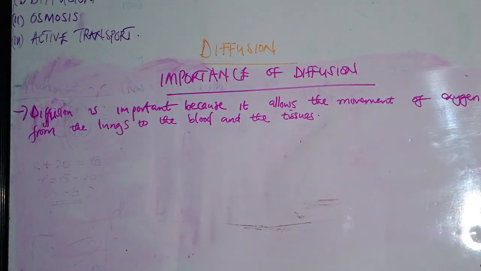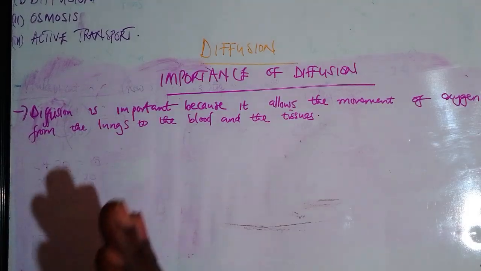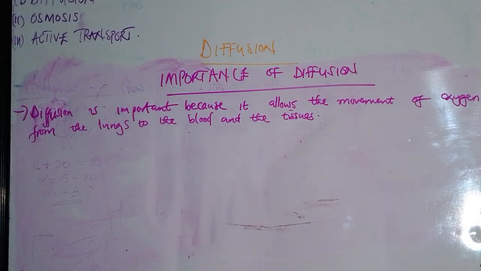Without diffusion, oxygen cannot move from the lungs to the blood and to the tissue. That's the first thing which you need to understand.